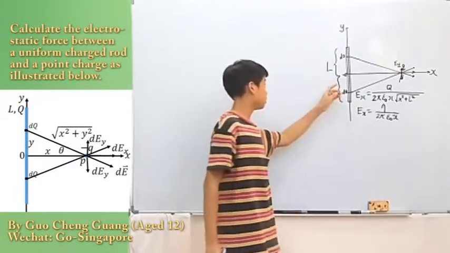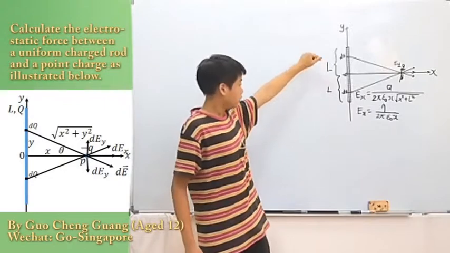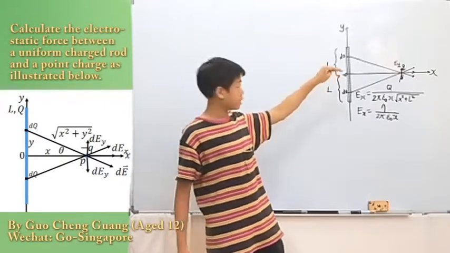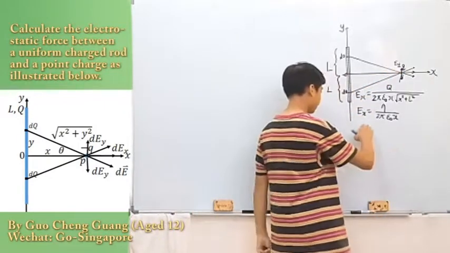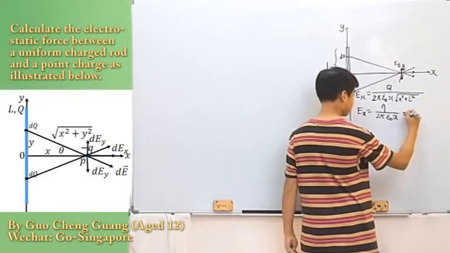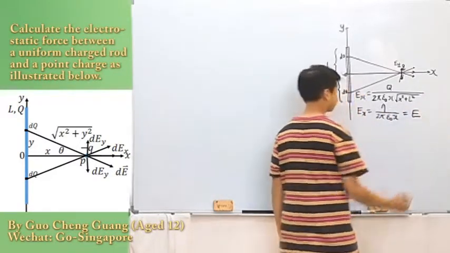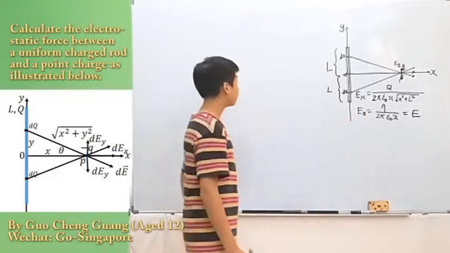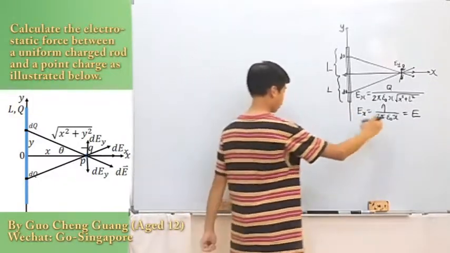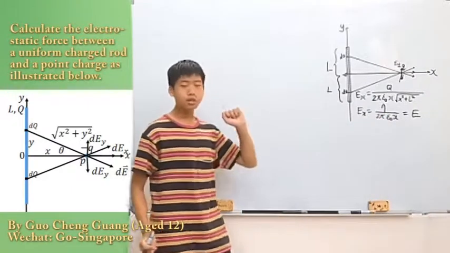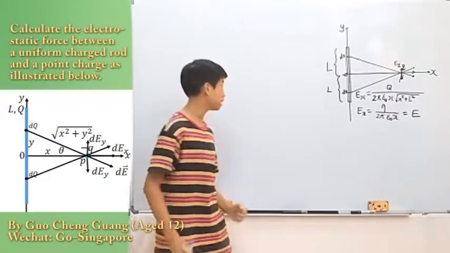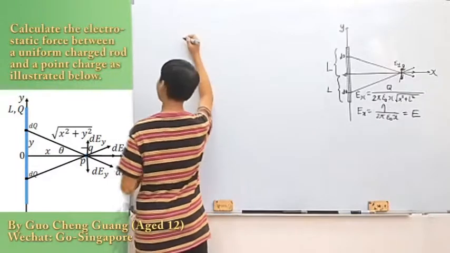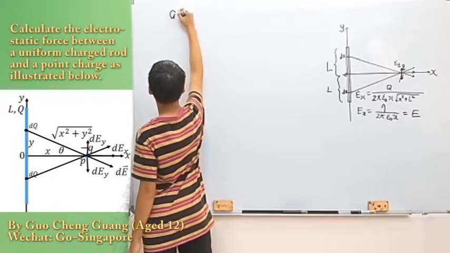For this whole part, the only thing that we have is in the x direction, so the Ex is our E. Although we have already found this, I'm going to use another method to find it, and this method, we have learned a little bit of before.